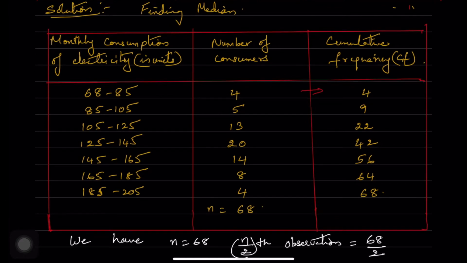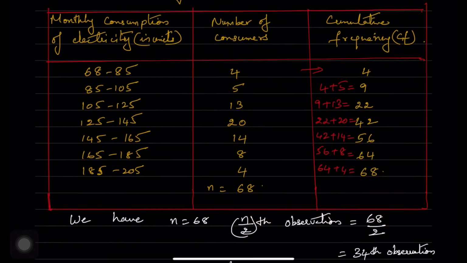Then 4 plus 5 gives you 9, then 9 plus 13 gives 22, then 22 plus 20 gives 42, then 42 plus 14 gives 56, 56 plus 8 gives 64, and 64 plus 4 gives 68. So this is the cumulative frequency which we are having.